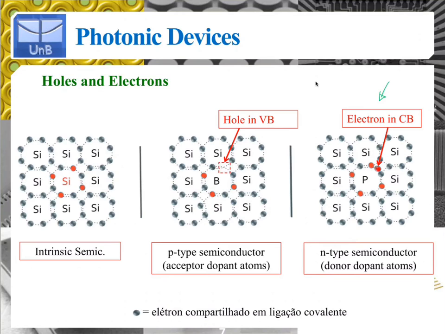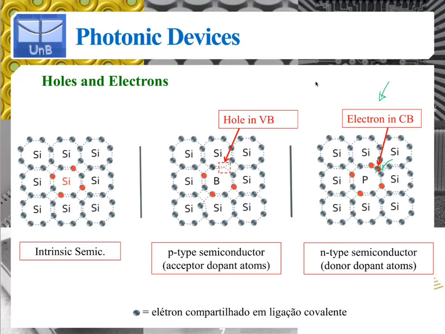The fact that this additional electron has moved across the junction to the p-type material has left this phosphorus atom without this electron. So it originally had 5 electrons in the valence shell, and now it has 4.